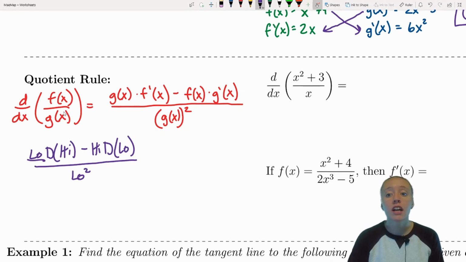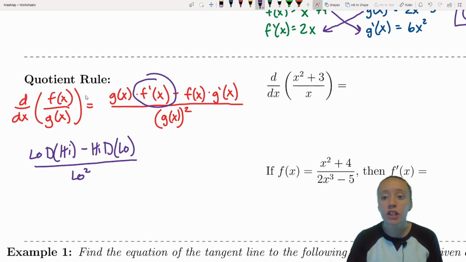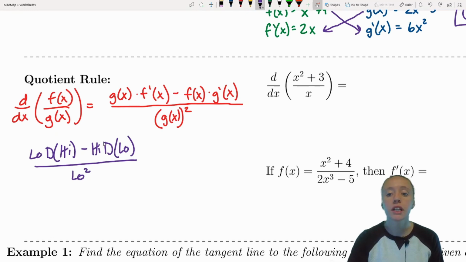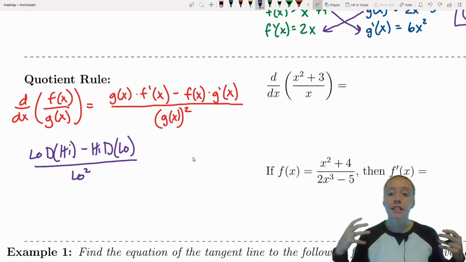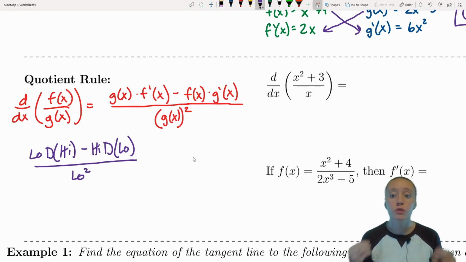Low meaning our denominator function, so g of x. D high, the derivative of our numerator function, minus, that minus is important, high, our numerator function, d low, times the derivative of our denominator all over low squared. There we have it. Low d high minus high d low all over low squared.